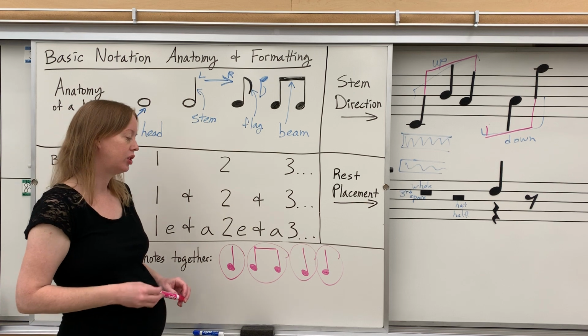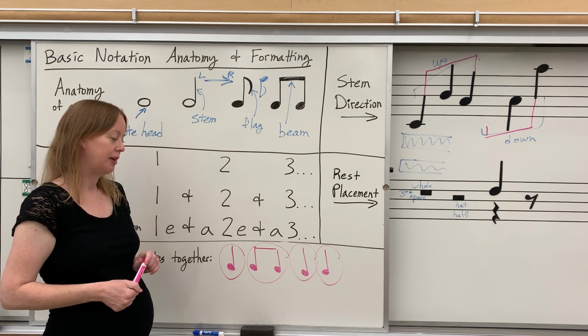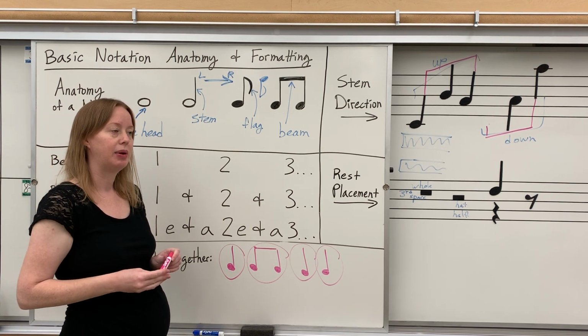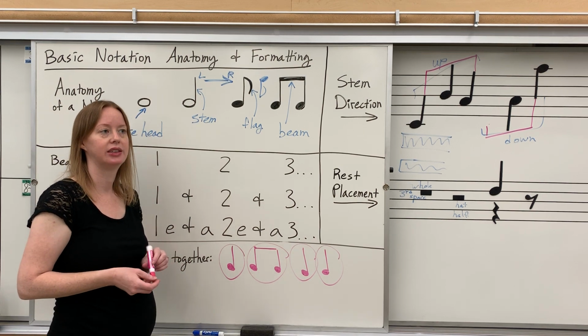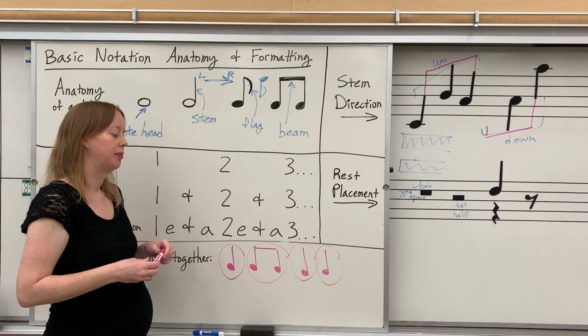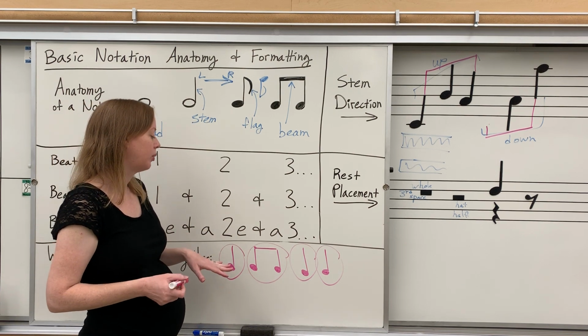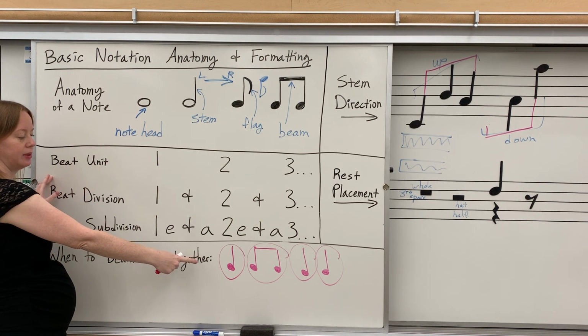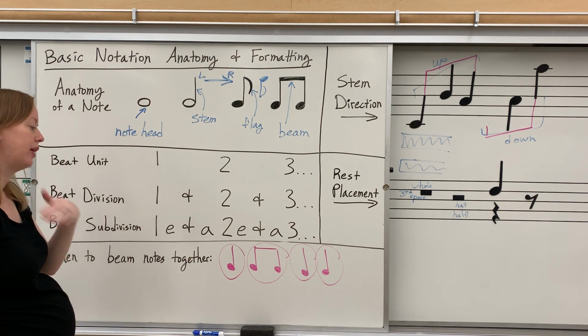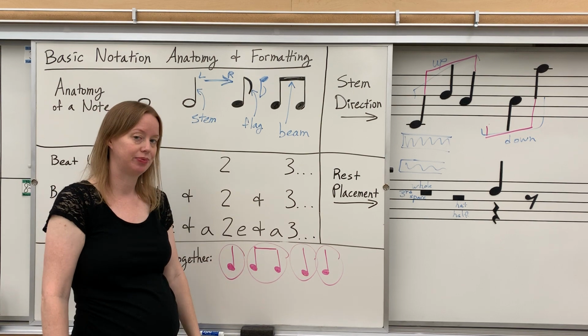There are times when you do not want to beam things together because it may look funny and it would make more sense to separate them, or you cannot beam them together because there's a rest in the middle and things like that. But for the most part, what you want to do is be able to see your beat unit across the page for whatever beam groupings you can do.